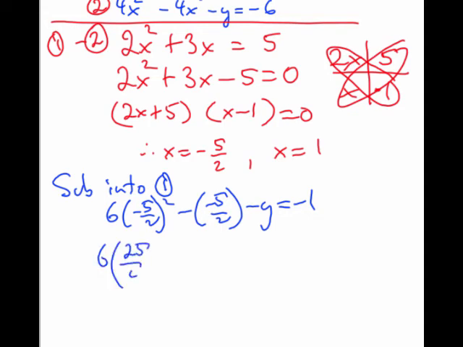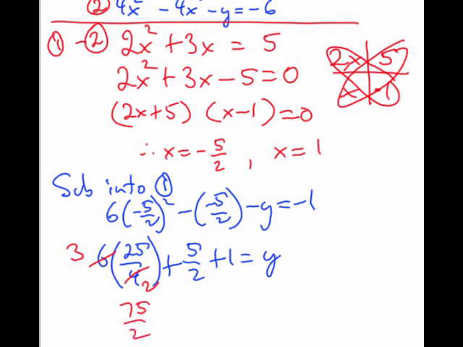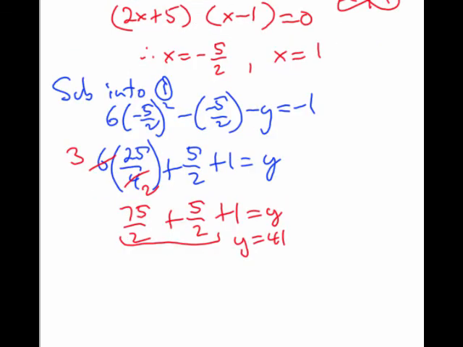So that's 6 times 25 over 4 plus 5 over 2 plus 1 equals y. I'm just isolating for y as I do this. This reduces to 75 over 2 plus 5 over 2 plus 1. So that's 80 over 2, which is 40, plus 1 is 41. And so one of the points of intersection is negative 5 over 2, 41.